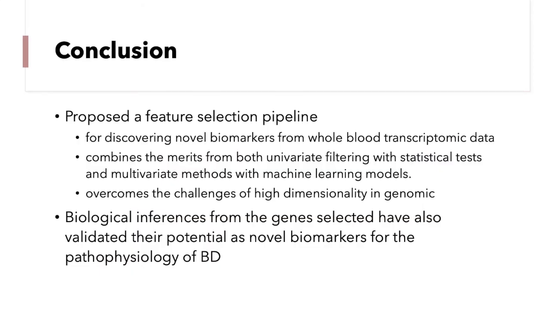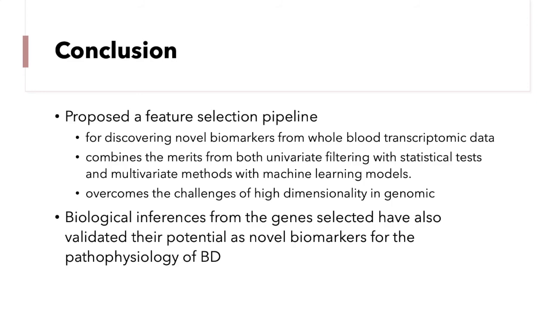In conclusion, this study has proposed a feature selection pipeline for discovering novel biomarkers from whole blood transcriptomic data that combines the merits from both univariate filtering with statistical tests and multivariate methods with machine learning models.